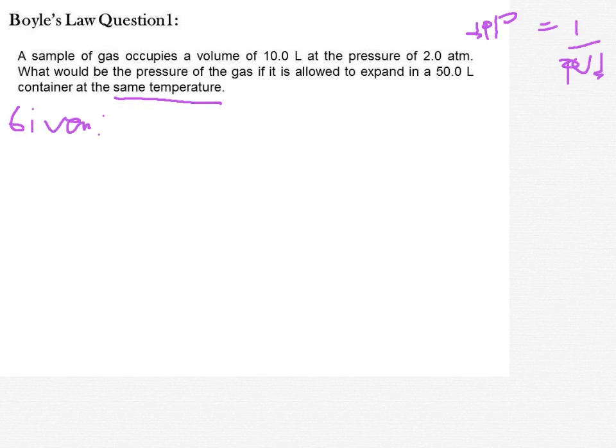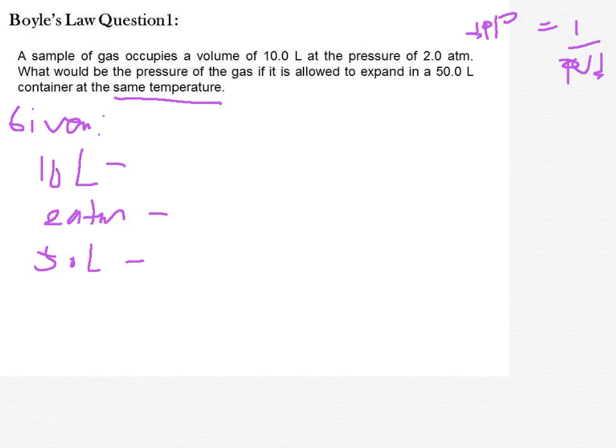The first step is to identify the given quantities in the problem. We have 10 liters, 2 atm, and 50 liters. For us to determine what is unknown in the problem, we first have to identify what quantities are provided.